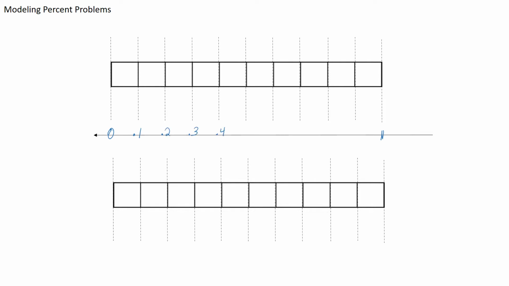So counting along the number line, I would have 1/10, 2/10, 3/10, 4/10, 5/10, 6/10, 7/10, 8/10, 9/10, and then this would be a whole.